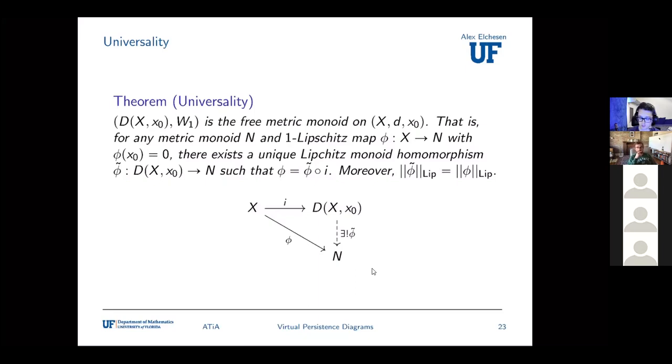Here, I is just the standard inclusion: you take a point x and map it to x, viewed as a formal sum with 1 point. There are also analogous statements for the p Wasserstein distances, but it's a little more complicated to state.